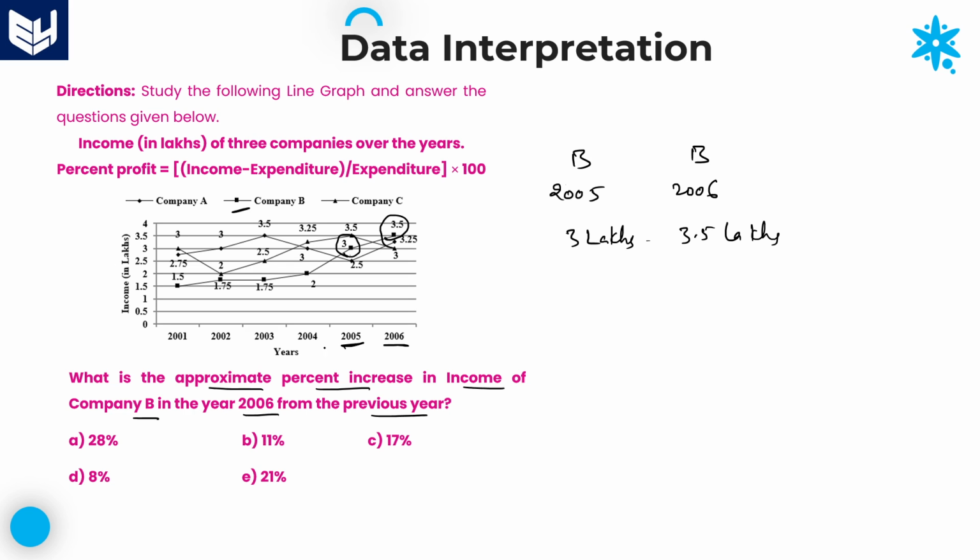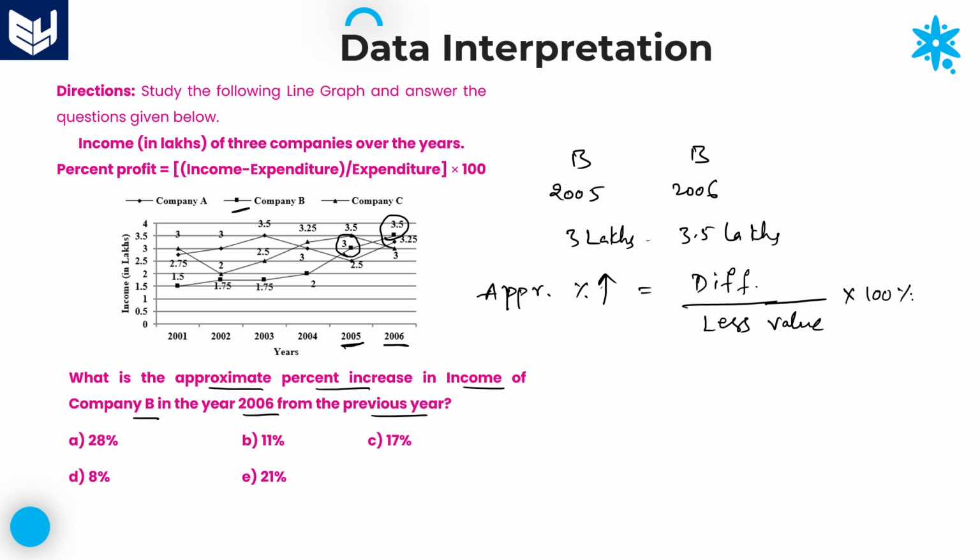Here we need to calculate the approximate percentage increment. How can we calculate percentage increment? It is the difference between those two values divided by the lesser value, into 100.